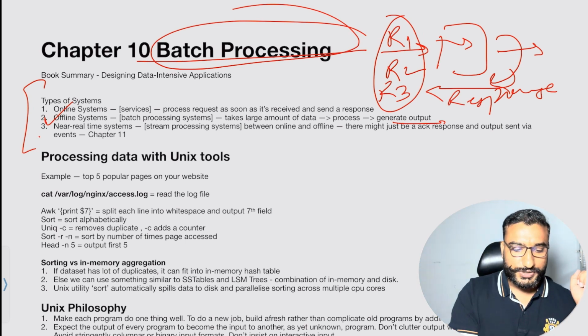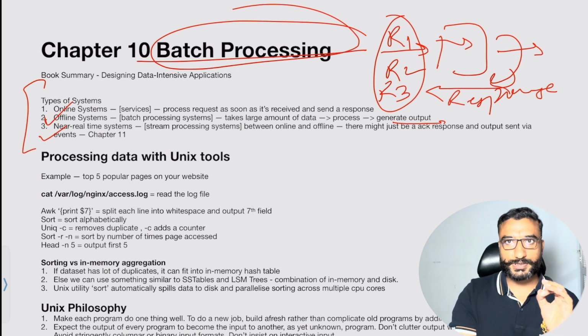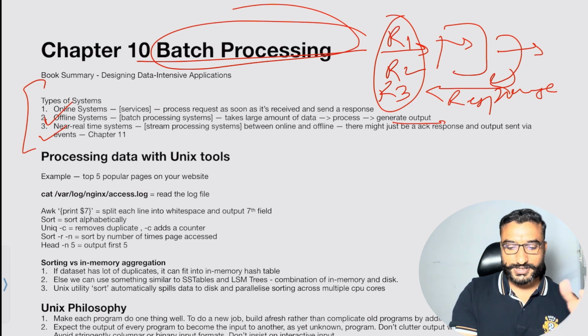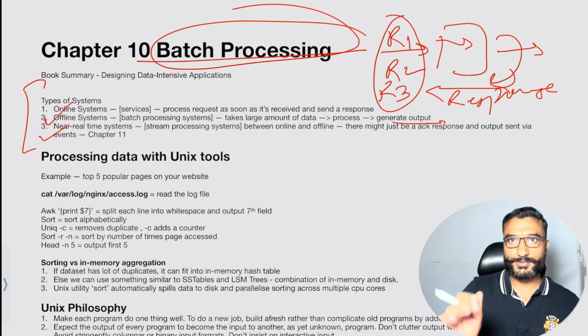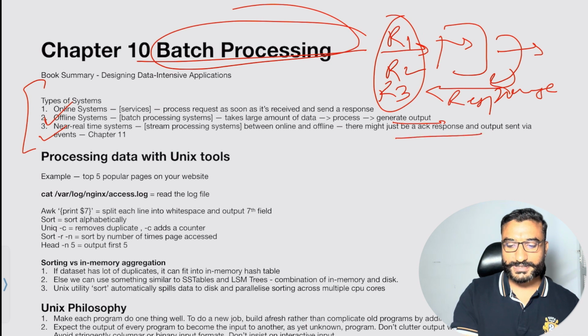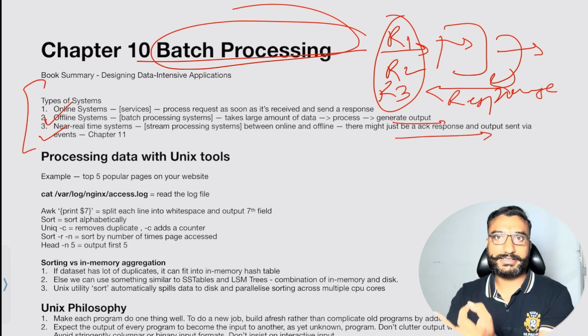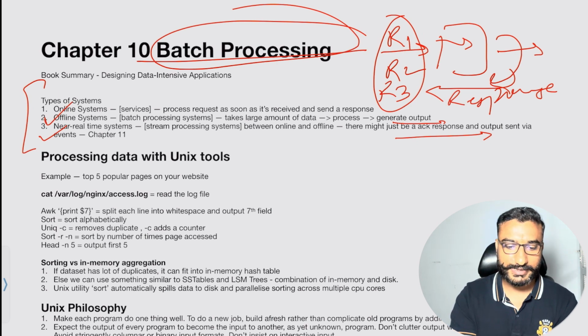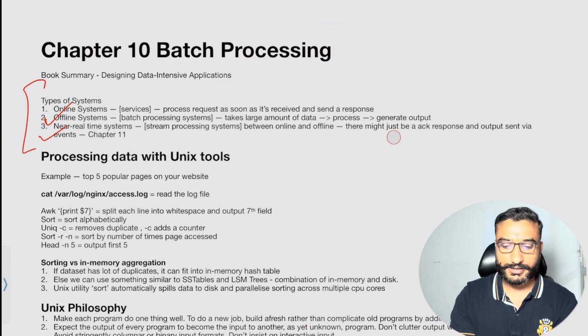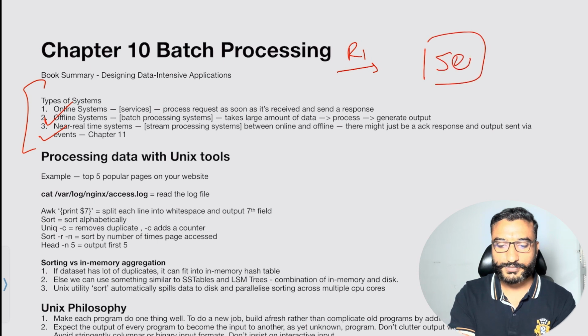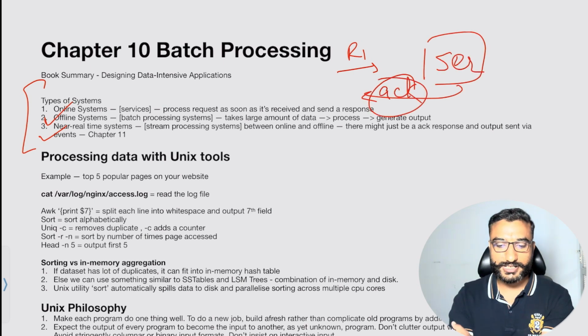Near real-time systems will be chapter 11, which we will be discussing. This is somewhere between online and offline systems, and there might be an acknowledgement response first, and then you get the actual response. Think of it this way: you send a request R1 to my server, and then I send a response as an acknowledgement ID, saying that your request has been received and we are processing it.